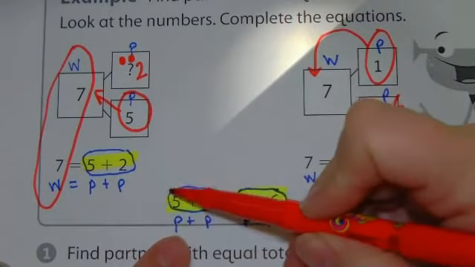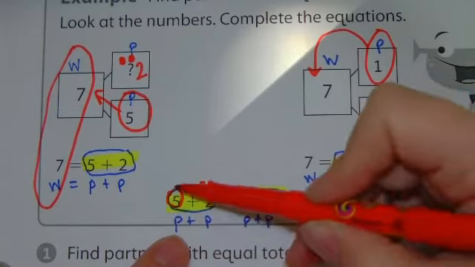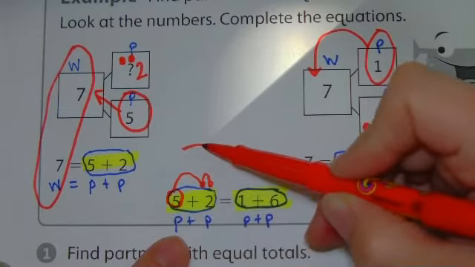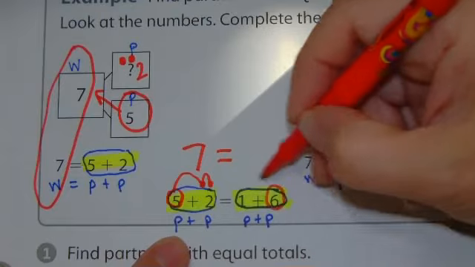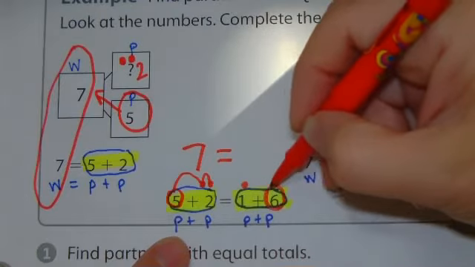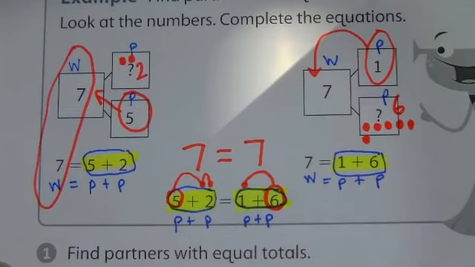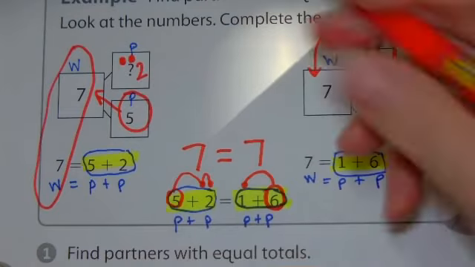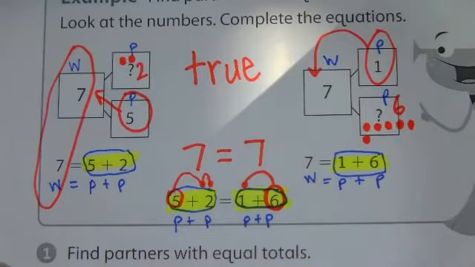We can prove our work by counting on, right? 5 and 2 more. 5, 6, 7. 7 is equal to 6 is greater, 1 more, 6, 7. Does 7 equal 7? Yes, this tells me that this is a true statement.